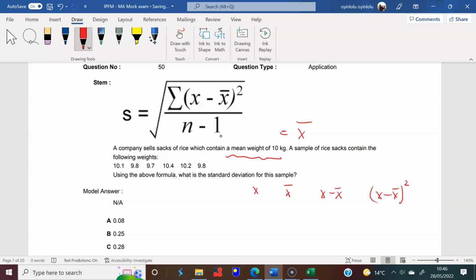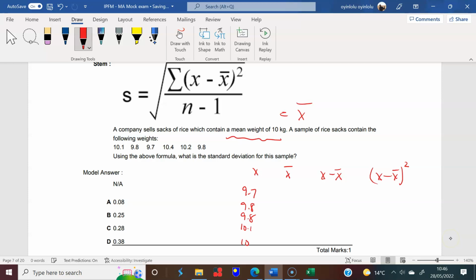I like to work in order, so I capture everyone and make no mistake. The values are 9.8, 10.1, 10.2, 10.4. So x bar is 10 for each. Here you have 0.3, 0.2, 0.2, 0.1, 0.2, and 0.4.